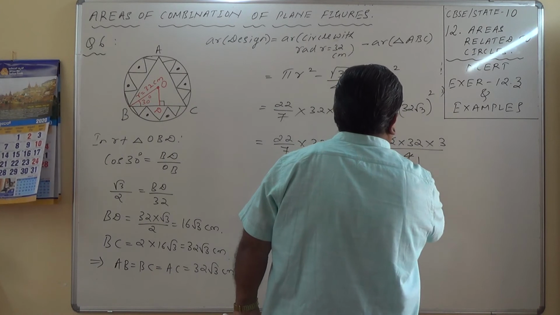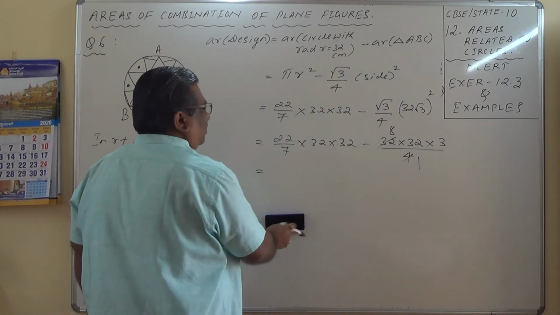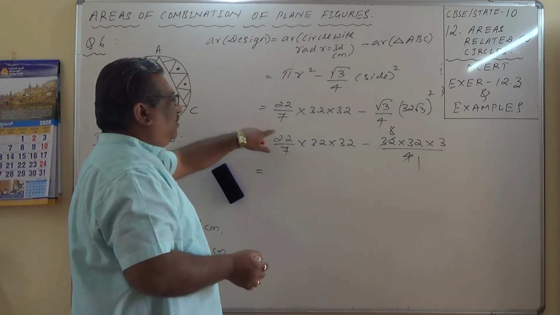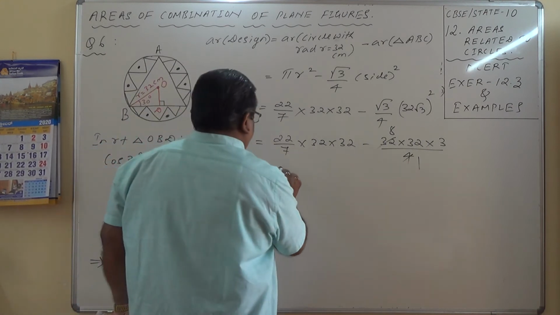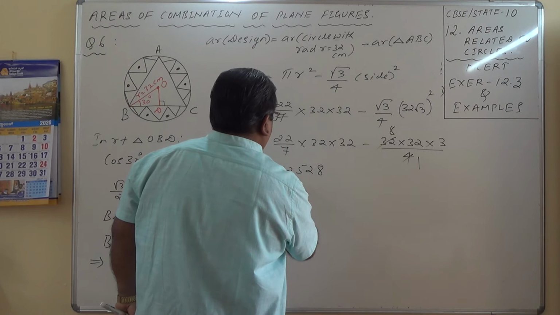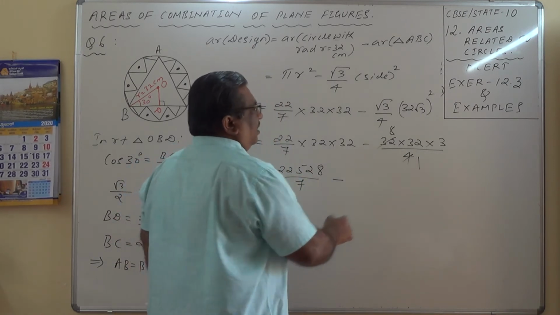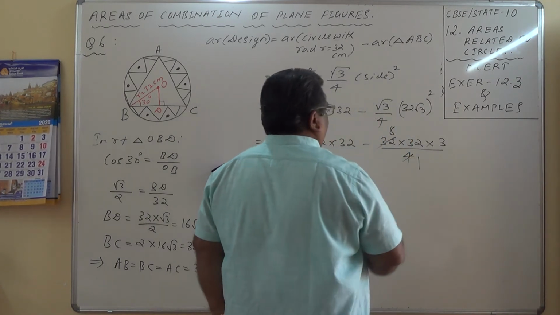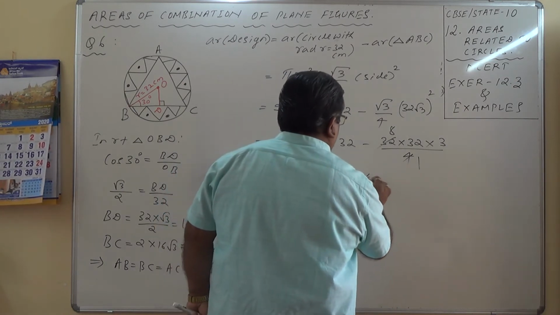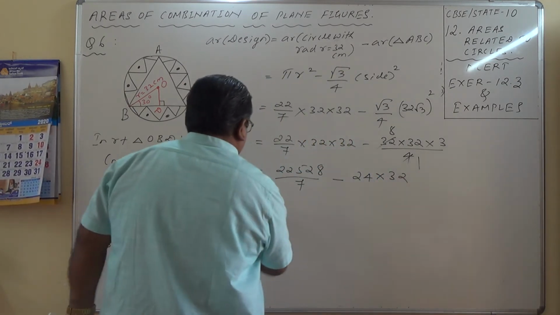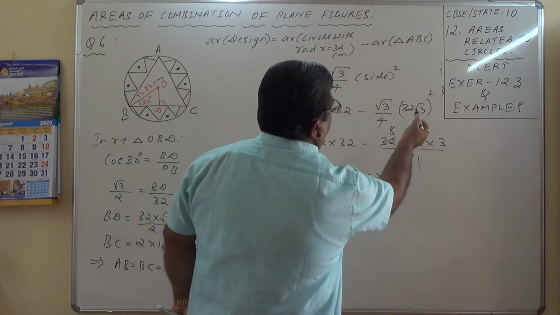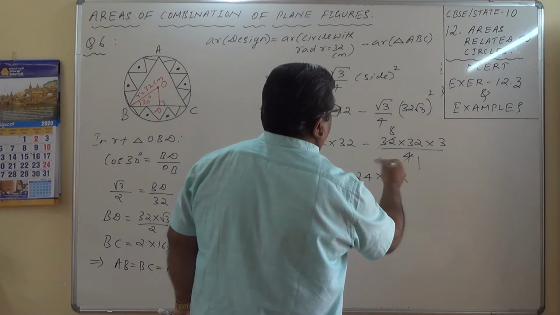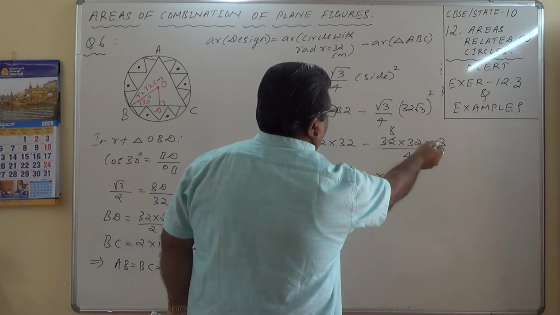So which is equal to 22 into 32 into 32, that will be 22528, divided by 7, minus 8 into 32 into 3.